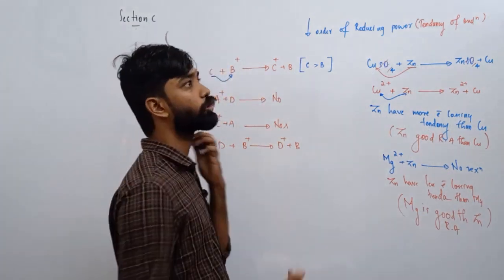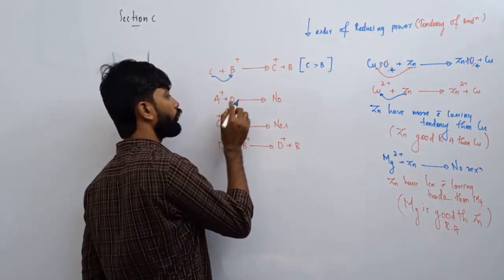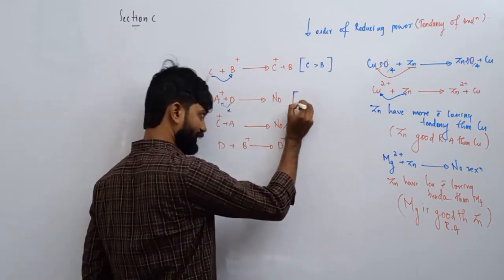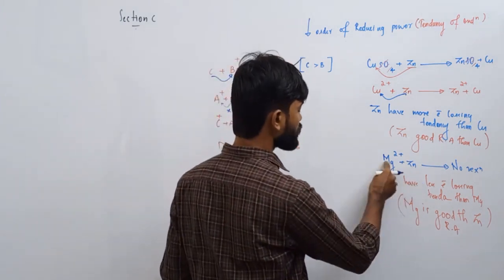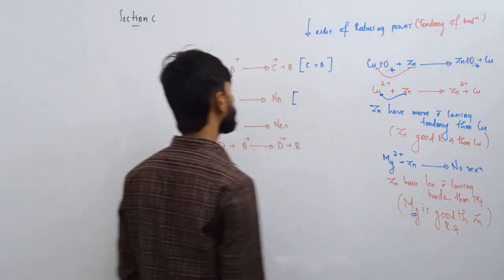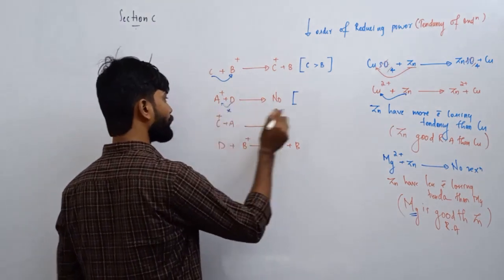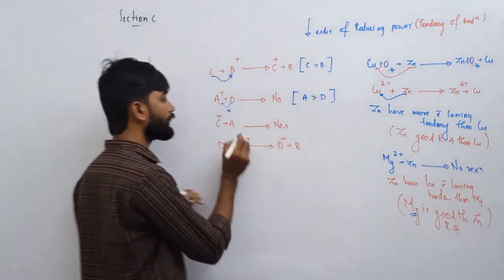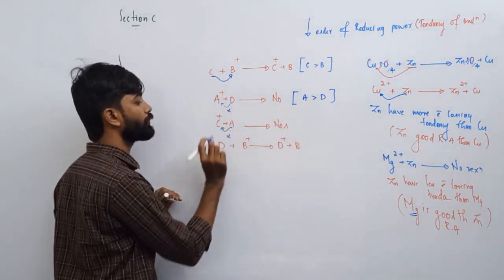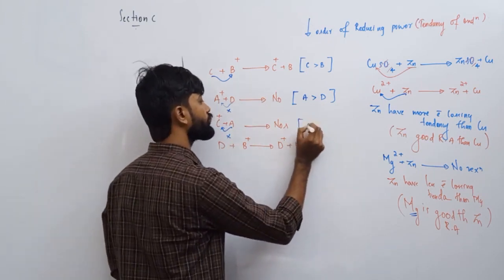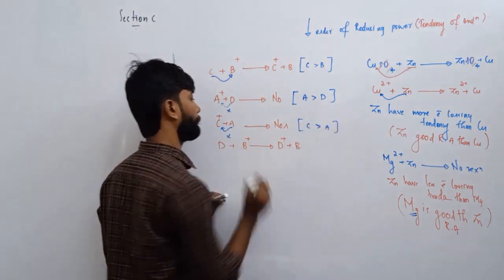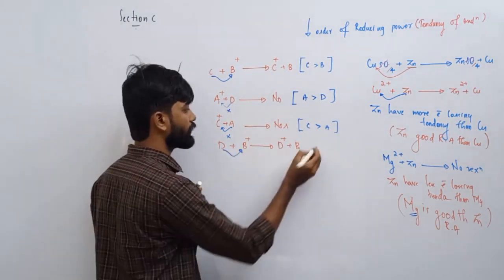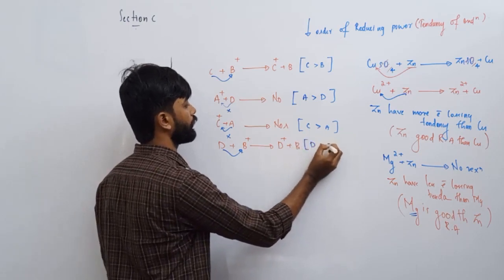Here D can't displace A, like zinc can't displace Mg2+, which means A is a good reducing agent, better than D. Like that, A can't displace C means C is better than A. Like that, D can displace B+, means D is a little bit better than B.